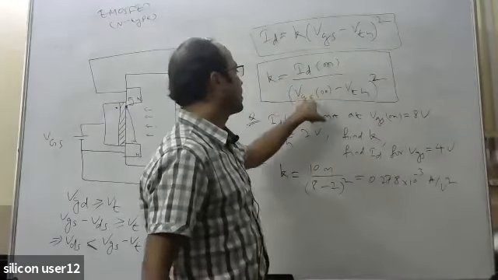Find the current, or find the ID at VGS equal to 10. Just put 10 in case of VGS. So it will be equal to 36 milliampere. Right. Let's see another problem.